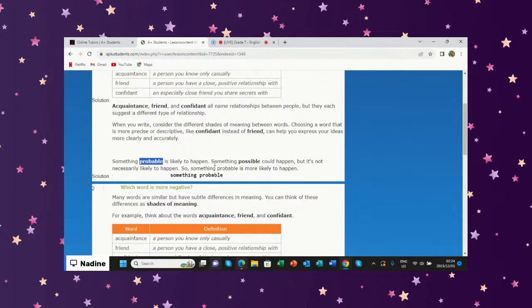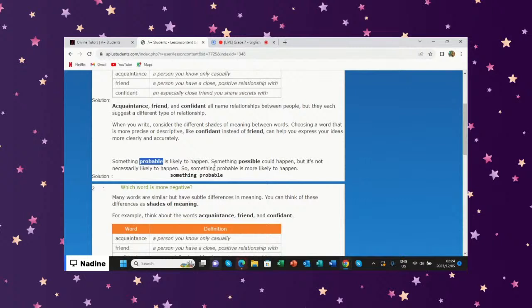But if you know something could happen, then you use the word possible. So if we look at the differences between probable and possible, probable is when you say something is likely to happen, like I'm not sure, but it might. It's like you're unsure about it.